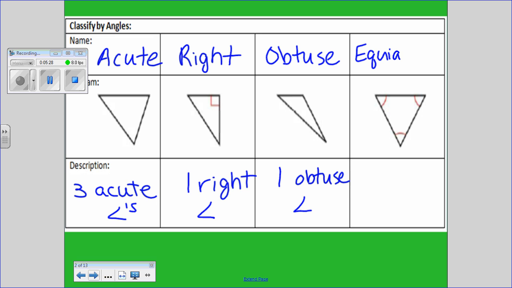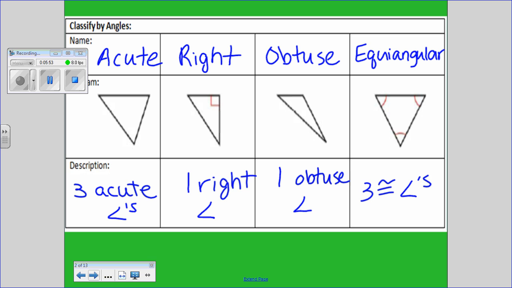And the last one is an equiangular triangle, which means three congruent angles. So equilateral meant three congruent sides. Equiangular means three congruent angles.